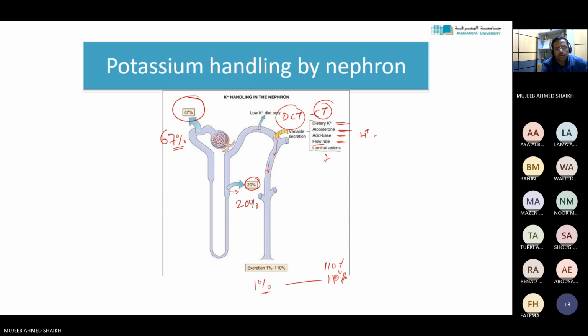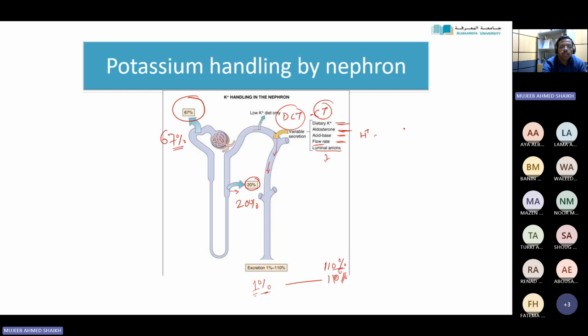So it is a wide range. Sometimes only a very little amount is excreted in the urine, and in some cases all is given out plus extra secreted. It all depends upon these factors.